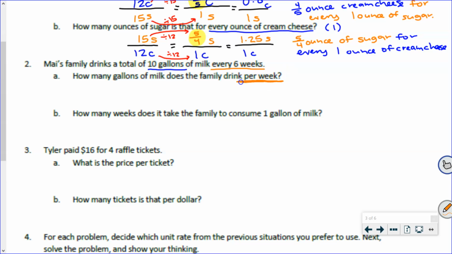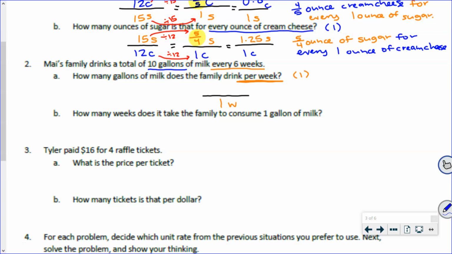Again, we've got this terminology here. This per week means every 1 week. And that means we do need to set up a ratio where we have that 1 in the denominator, and that 1 in the denominator is talking about weeks. So I'm setting that up. Again, I'm going to abbreviate and just do 1W for weeks.